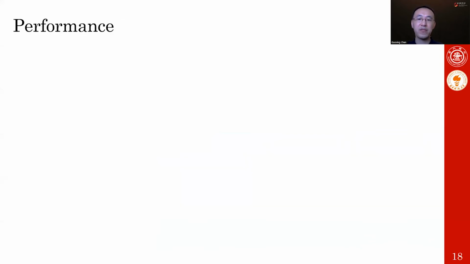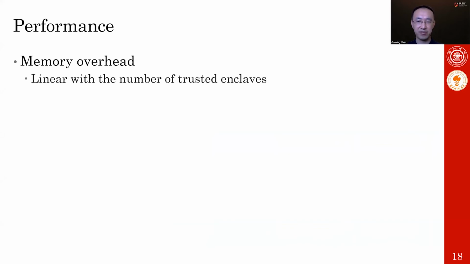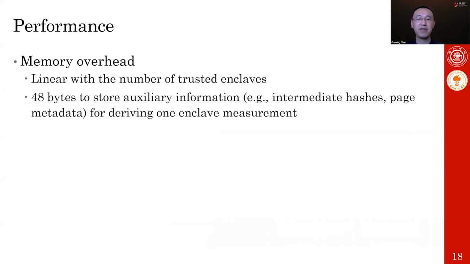Next, I'll describe the performance evaluation of our prototype implementation. For the memory overhead, it is linear with the number of trusted enclaves. Particularly, 48 bytes are needed to store the auxiliary information, such as the intermediate hash and the page metadata for deriving one enclave measurement.